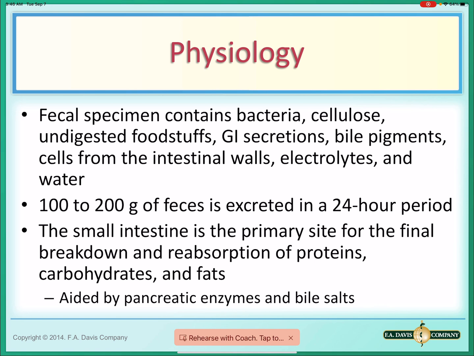About 100 to 200 grams of feces is excreted in a 24-hour period for a normal adult. The small intestine is the primary site for the final breakdown and reabsorption of proteins, carbohydrates, and fats. This process is aided by pancreatic enzymes and bile salts.